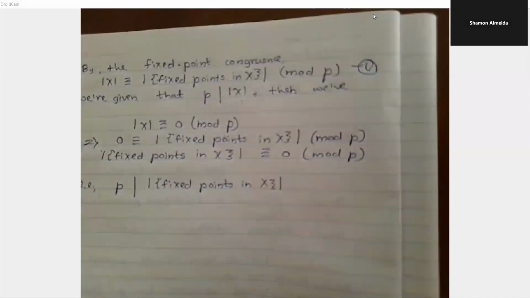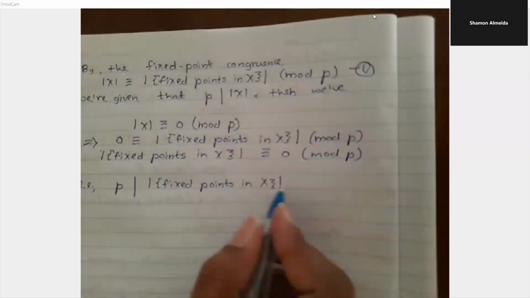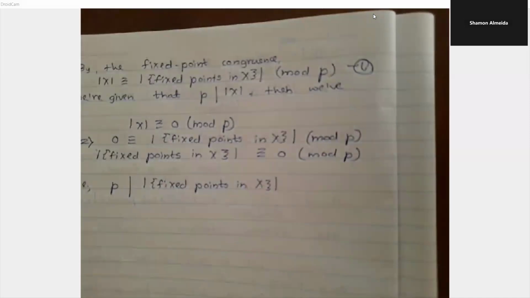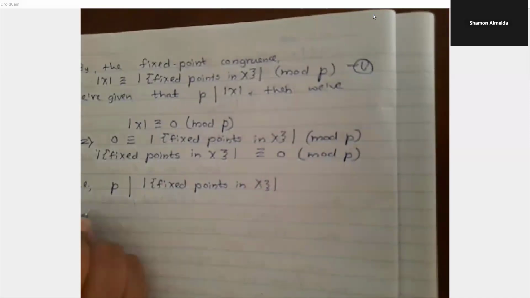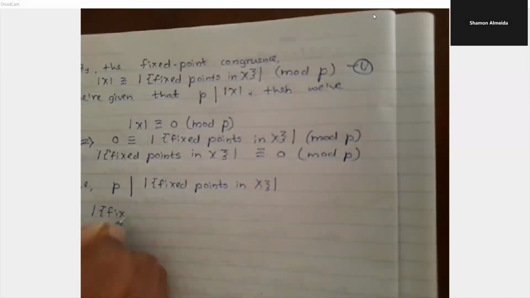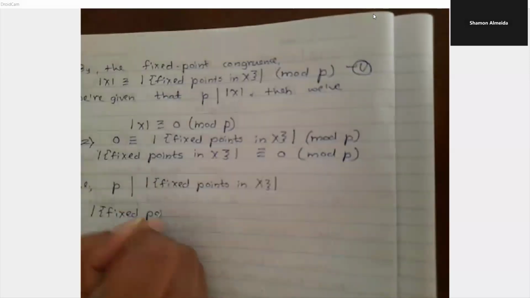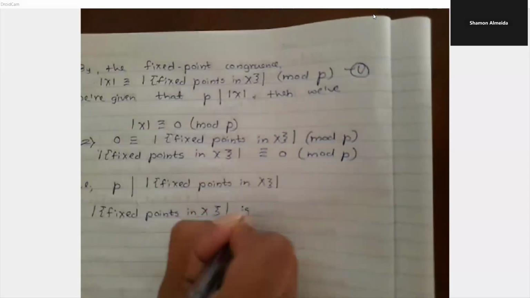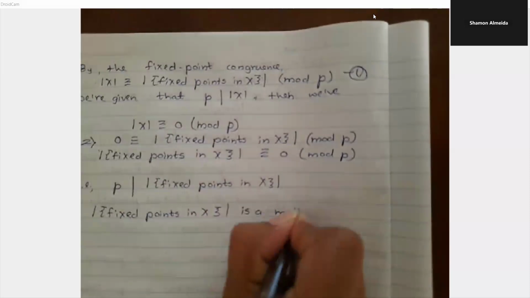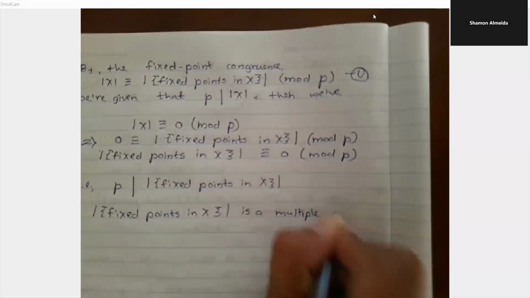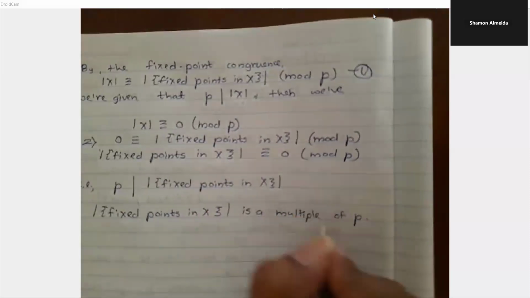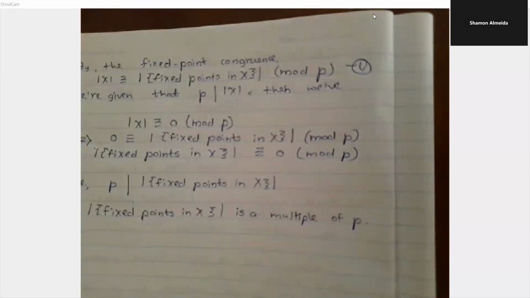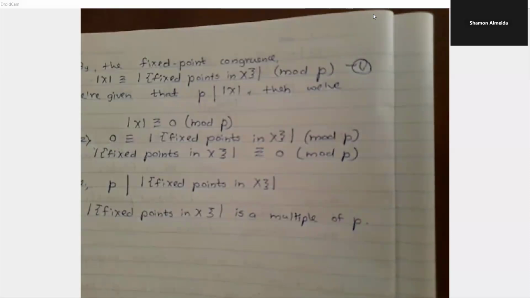In other words, if P divides the order of the set containing all the fixed points, that means the number of fixed points is a multiple of P. Therefore, this is a multiple of P. Okay.